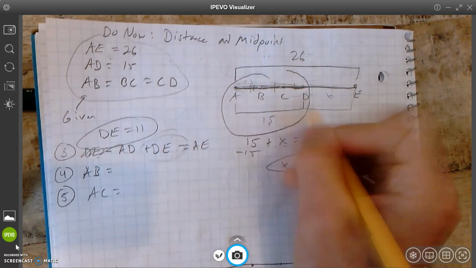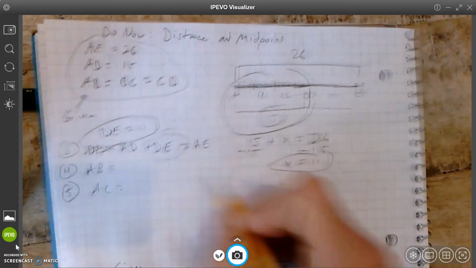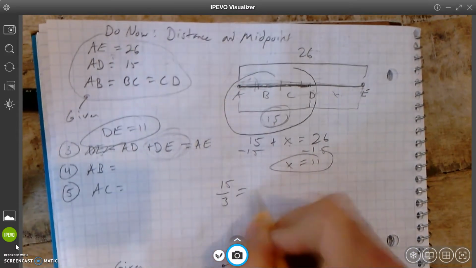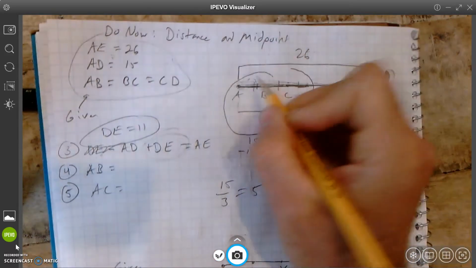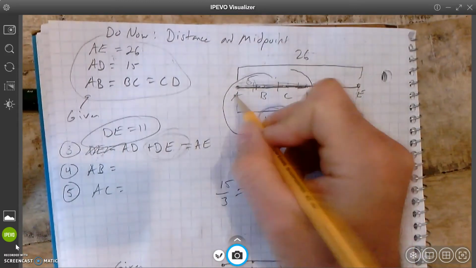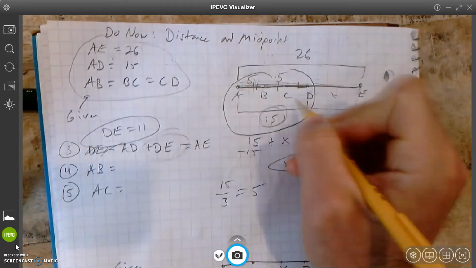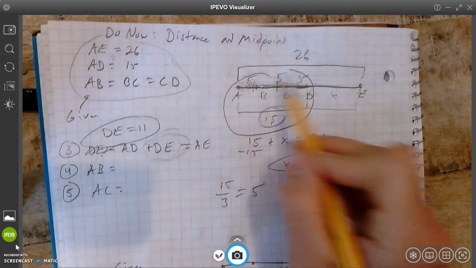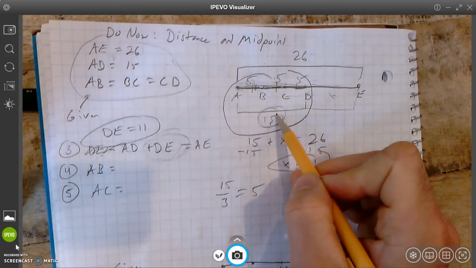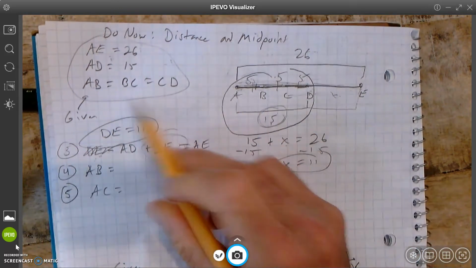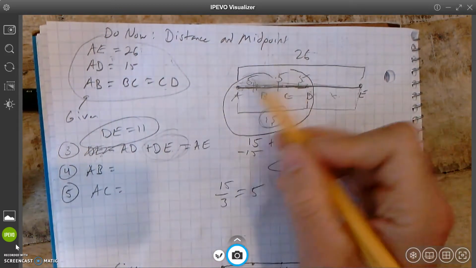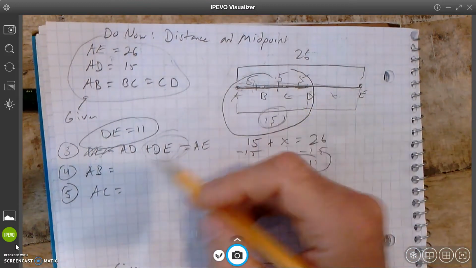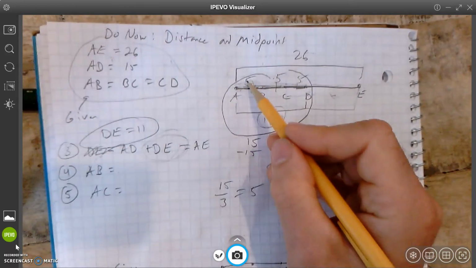If I divide by 3, 15 divided by 3 is 5, that would mean A to B is 5, B to C is 5, and C to D is also 5. Does that make sense? Yeah, 5 plus 5 plus 5 is 15. And if AB, BC, and CD are all equal, then that gives me my answer, AB, which is 5.